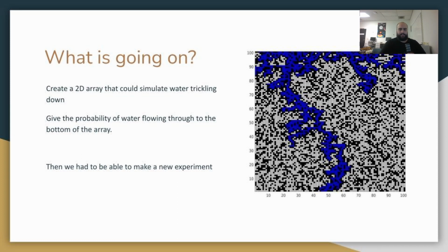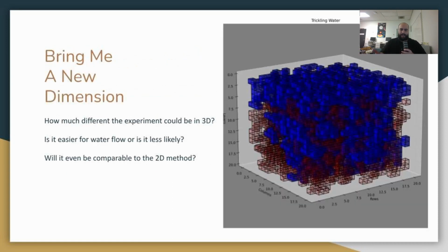And to me, the most natural idea that came after that would be to add another dimension, to make it a 3D map. The idea here was to understand whether, if it was 3D, flow would happen more likely at the same porosity, or flow would happen less likely at the same porosity.